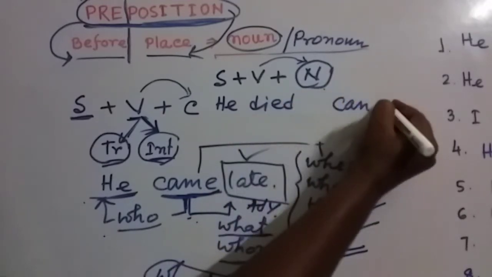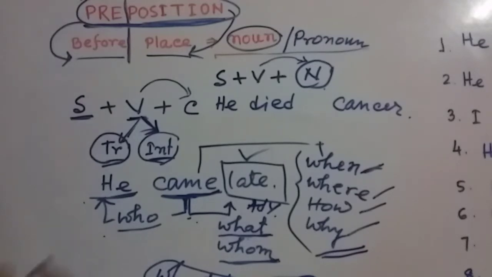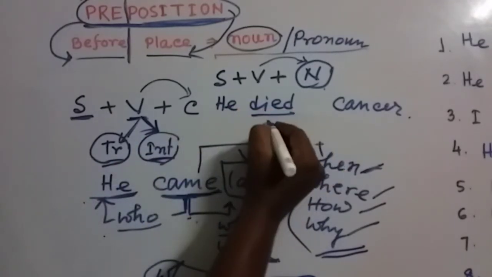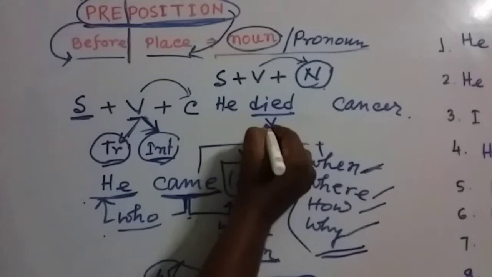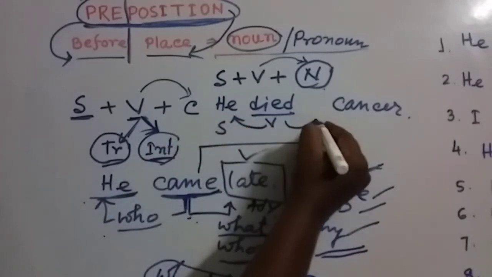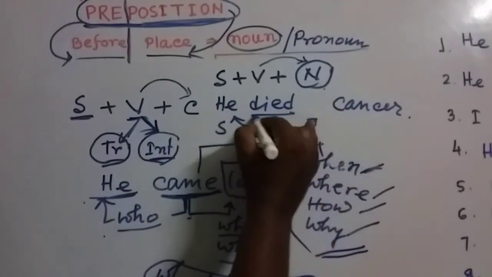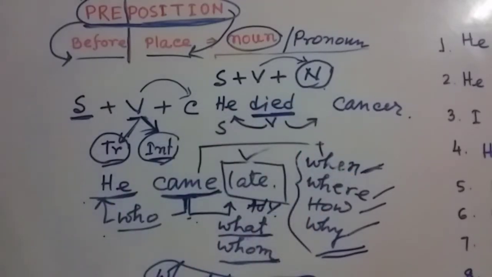Then cancer. So look at this sentence, my dear friends. This is the verb. So who died? He. This is the subject. What died? No answer. Whom died? No answer. That means this is an intransitive verb.